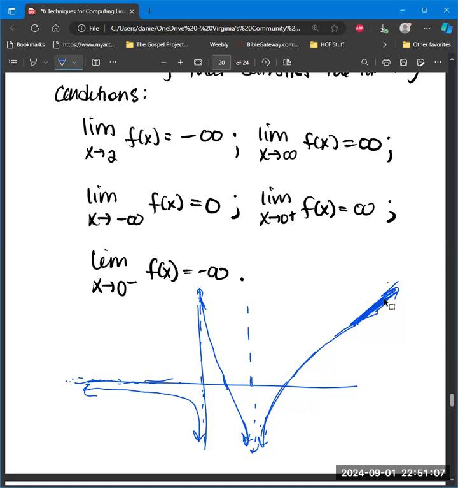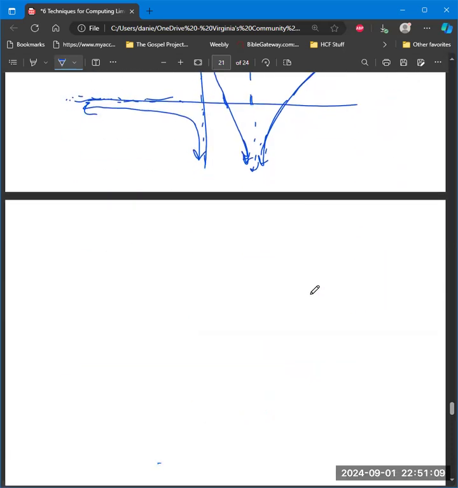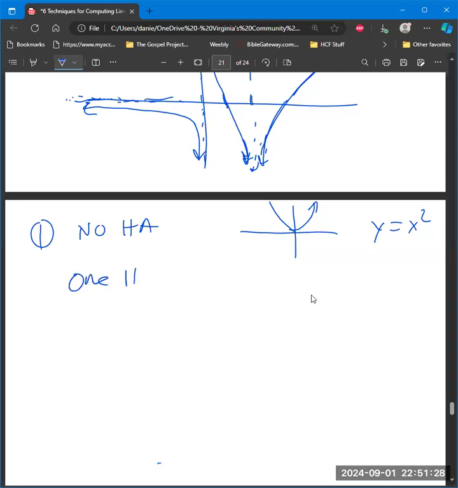So we have options here for question 1. We can have no horizontal asymptote for a graph like y equals x squared. We can have one horizontal asymptote, for example, y equals e to the x.